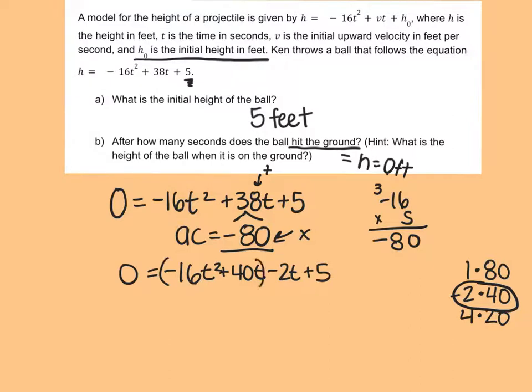Then we will continue factoring with the AC method. So both can be divided by 8, and they both have a t. In the next parentheses, the only common factor they have is a 1. They both don't have a t, so I can just factor out a 1.